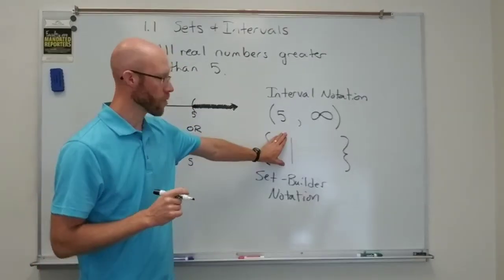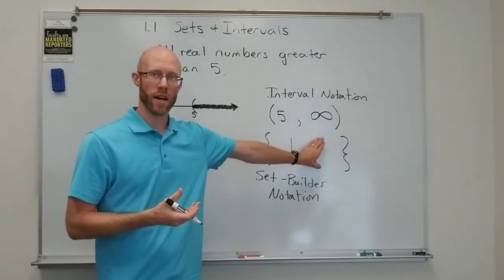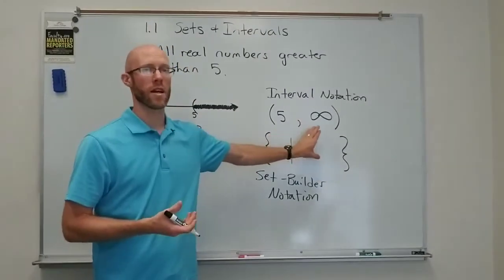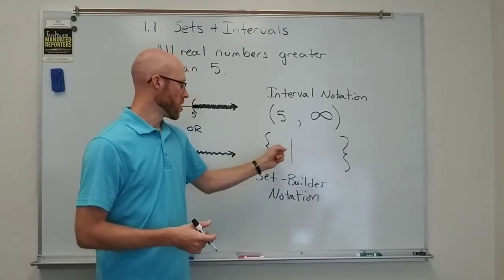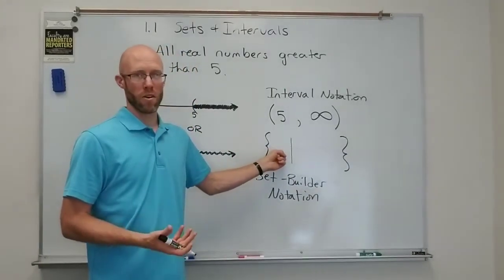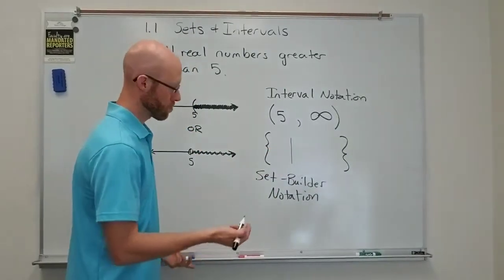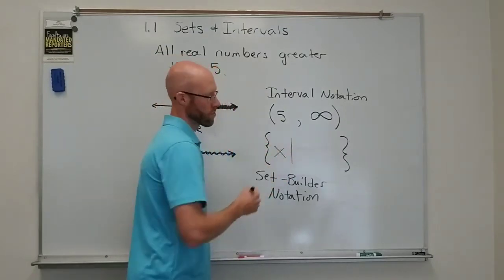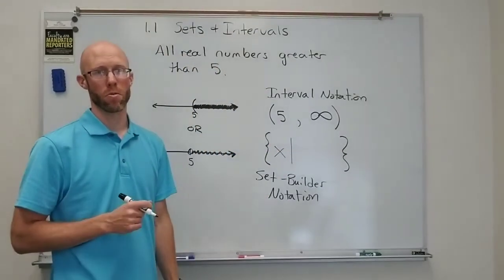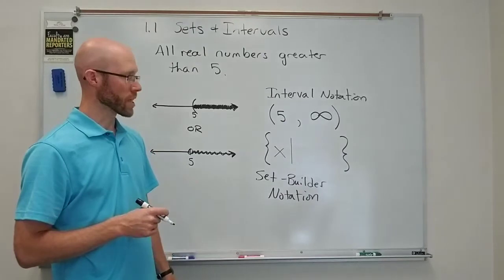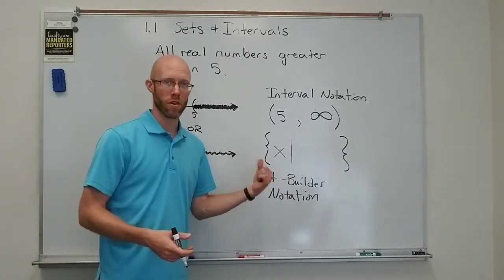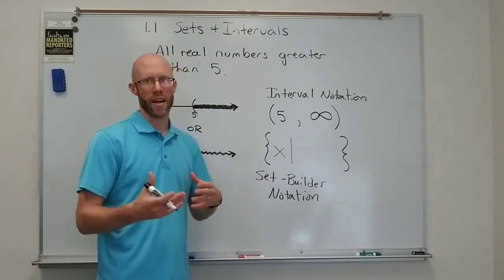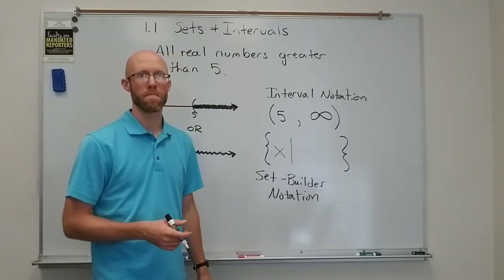So on the left we write what's in the set, and on the right we write what property they have. Typically on the left we use a variable, like I'll put a letter X in there. You can put any variable you want. When we start looking at different types of sets later in the course, we may want a specific variable based upon what axis it represents or something like that.